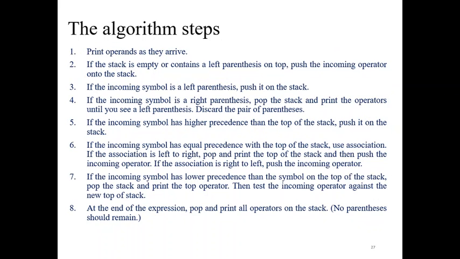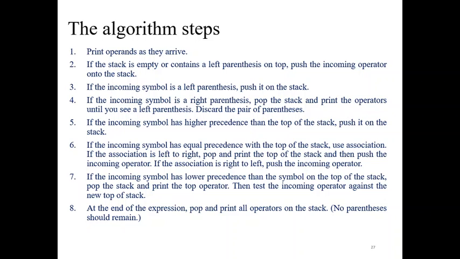As you know, these are the steps of the algorithm: we have to print and check if the stack is empty. If the next symbol is a left parenthesis, push it on the stack. If the next symbol is a right parenthesis, pop the stack and print the operators until we see a left parenthesis.